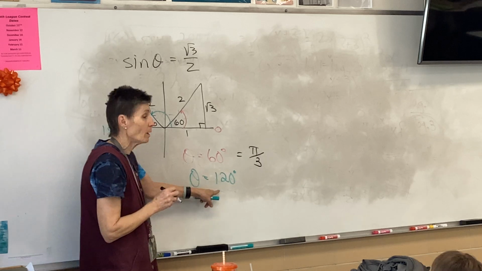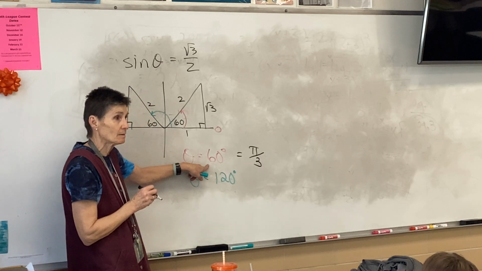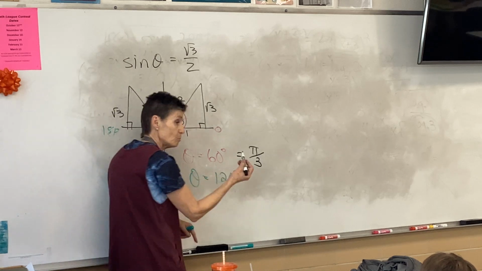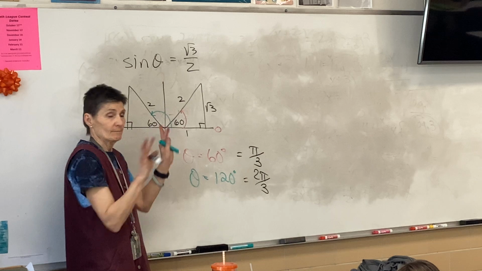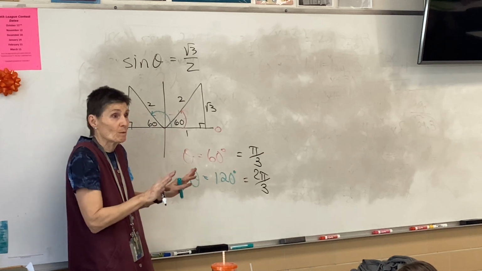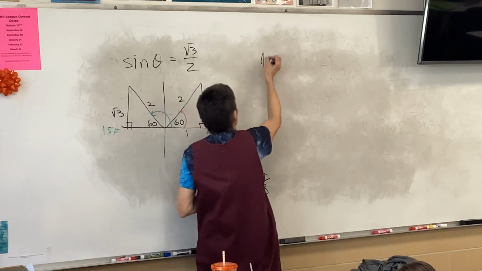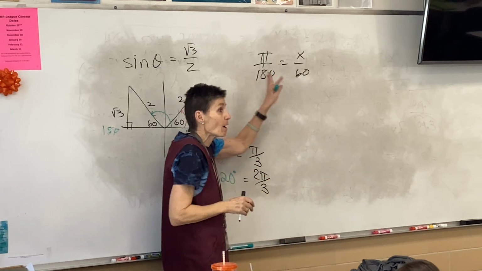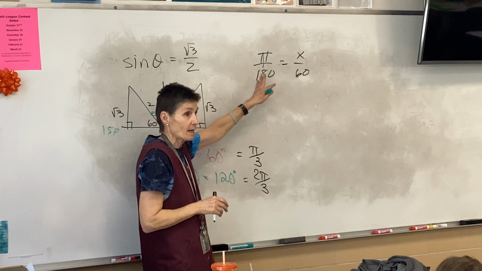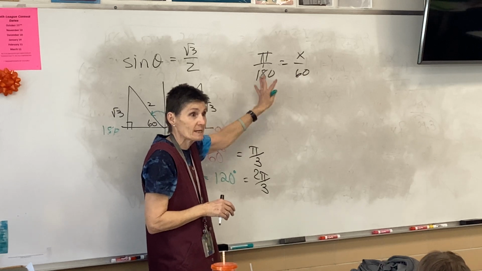And then isn't 120 just 2 times that? So 2 pi over 3. Now again, I hope we all get to that point where we don't have to say pi over 180 equals something over 60, but that will work every time. You can change degrees into radians that way.